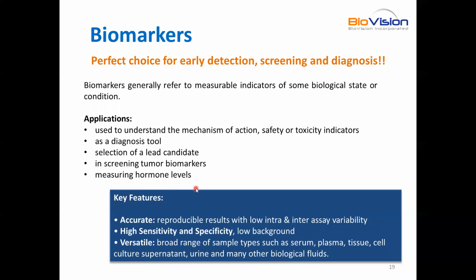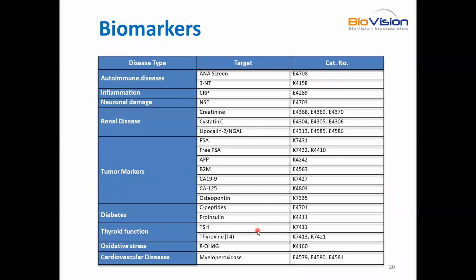Some of the key features are that all these kits are very accurate with reproducible results and low intra- and inter-assay variability, high sensitivity, high specificity, and low background, and they can be used for a broad range of samples. As you can see here, this table shows the list of ELISA kits that are available to detect targets in different disease types.